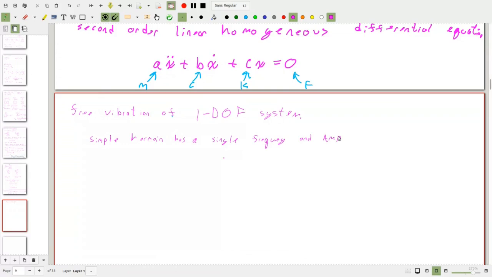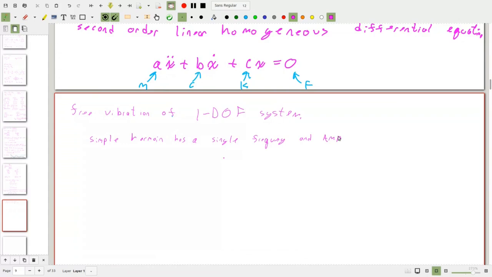So for a 1 degree of freedom system, simple harmonic motion is defined as a periodic motion where the restoring force is proportional to, and opposite in direction to, the displacement. Let's look at what a periodic motion is. It's just something that repeats, and a simple harmonic motion is just your basic sinusoid.